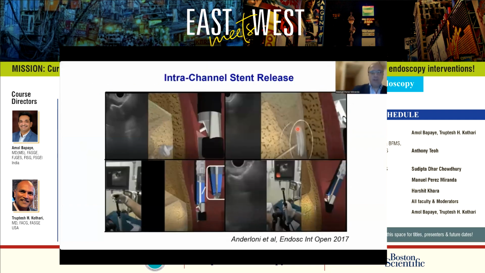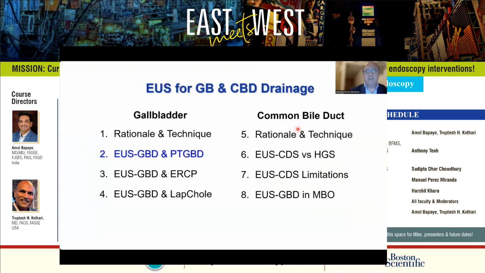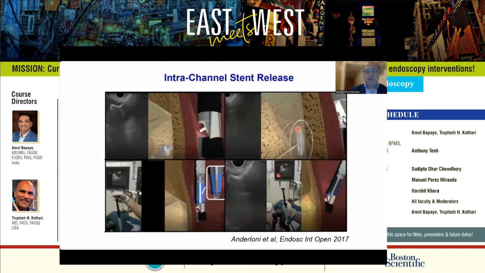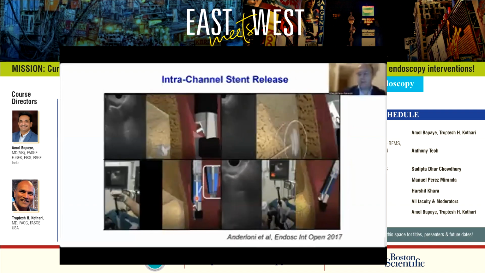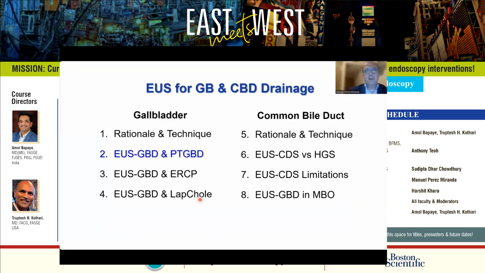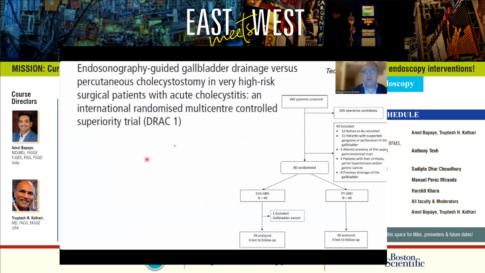And to prevent proximal flange misdeployment, the intrachannel stent release technique has been developed, which is becoming the most common compared to the traditional endoscopic monitoring technique. So after all this refinement, how does EUS-guided gallbladder drainage compare to percutaneous drainage?